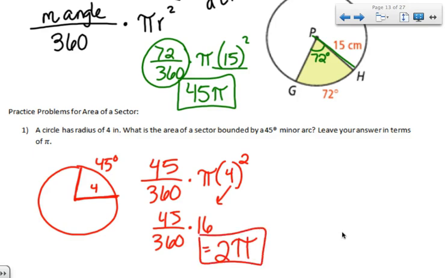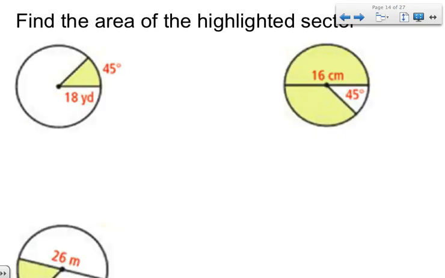So 2 pi is the area of this part of our circle. Okay, so pretty straightforward. It does get a little bit harder, but why don't you guys try the next 4 on your own? Press pause and we will go over them. Make sure you are leaving your answer in terms of pi.